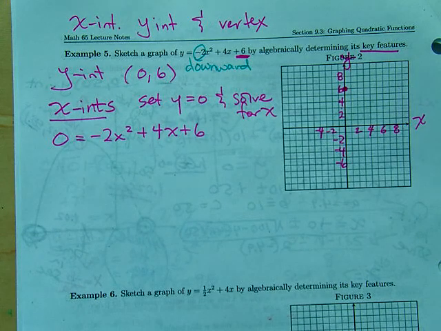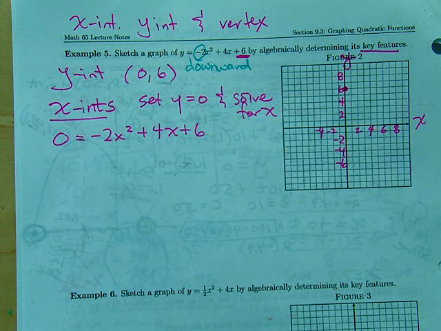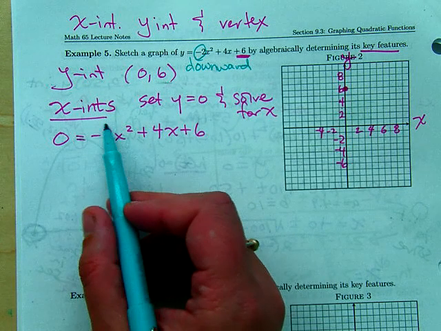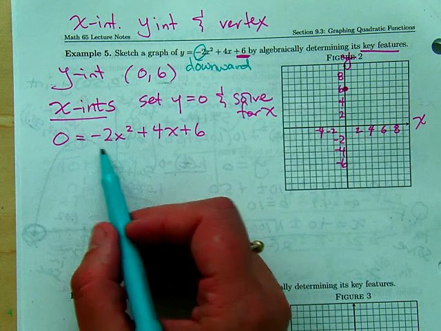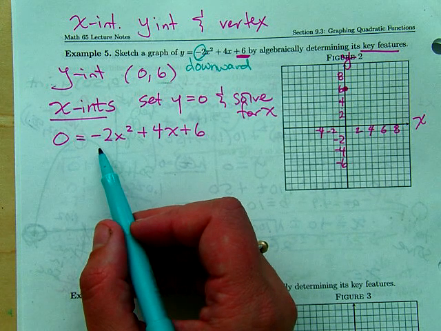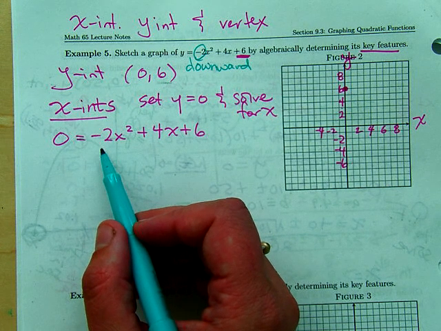Okay. And so how do we solve this? What would you do first? I would look for a greatest common factor first. Notice here, because we have negative 2, I don't really like to factor when a is negative. What did we do with factoring when it started with a negative? Yes.